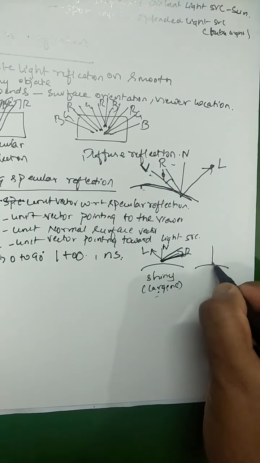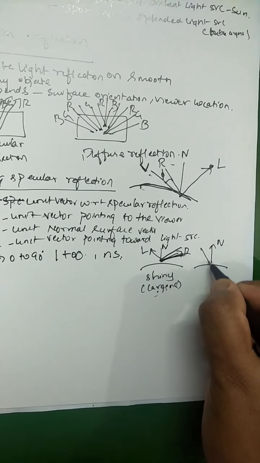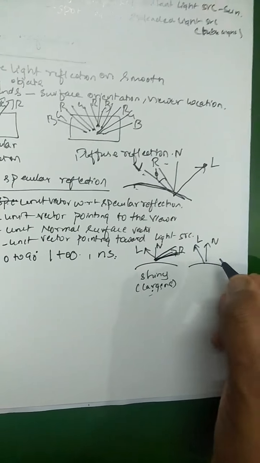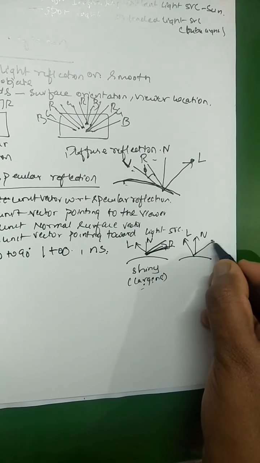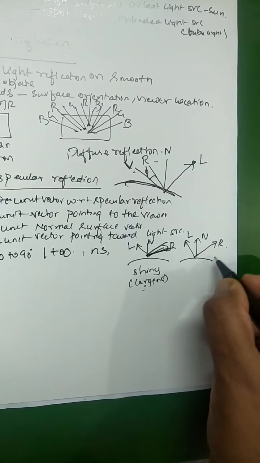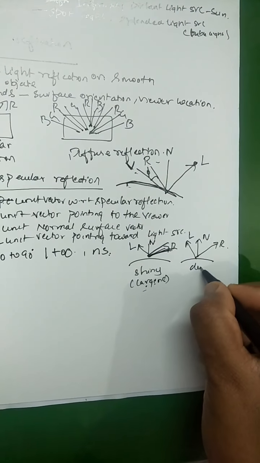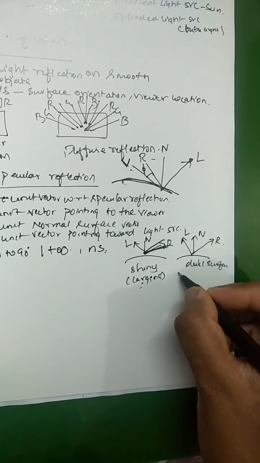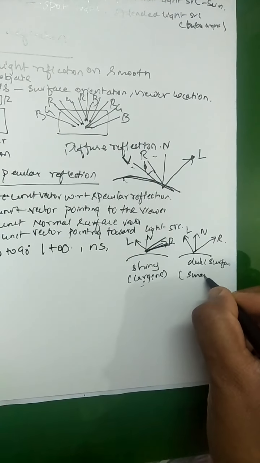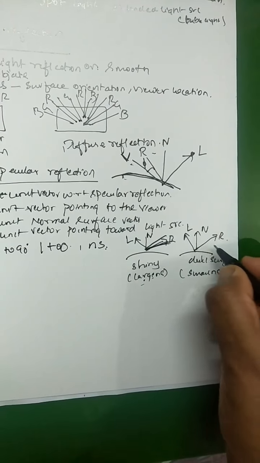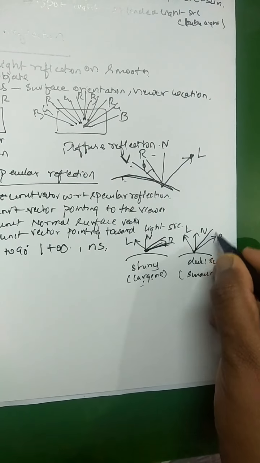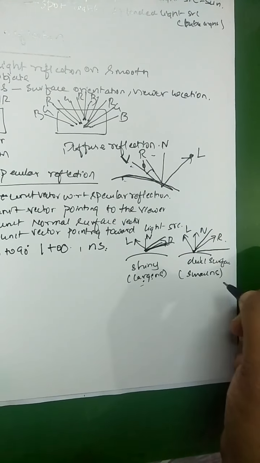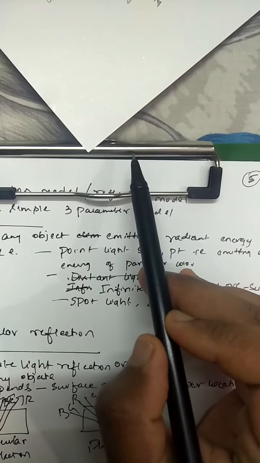If it is a matte finish, with this normalized vector, the vector pointing to the light source, and this reflection vector, for a dull surface the value of ns will be small. In that case it will be very broad. Example, consider this shiny metal surface.